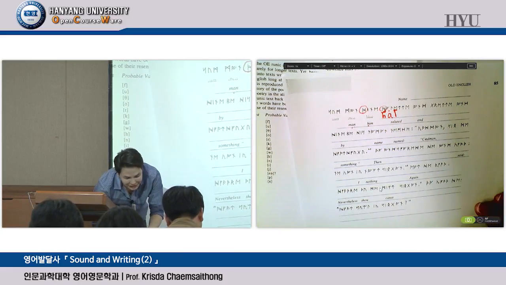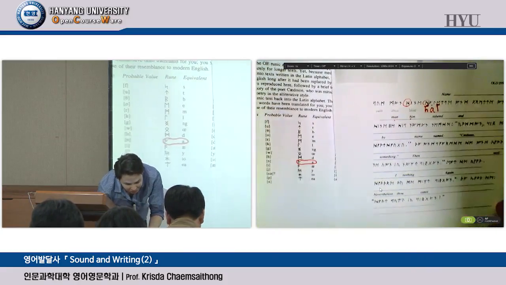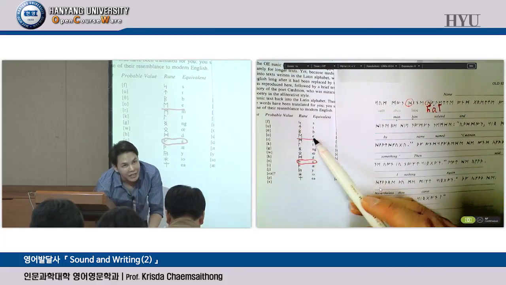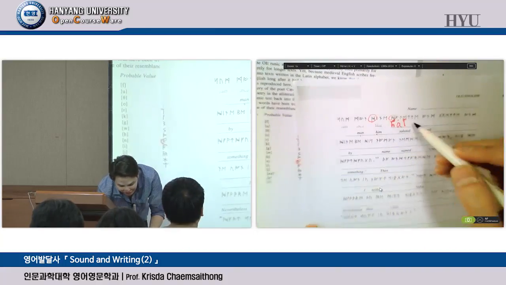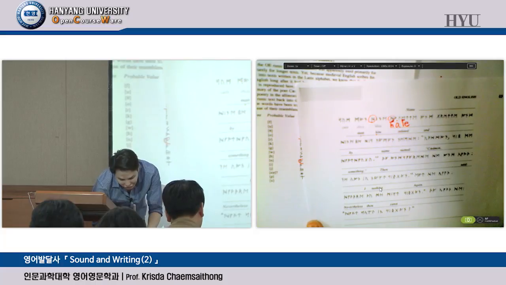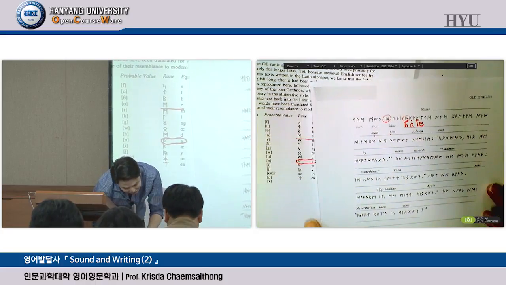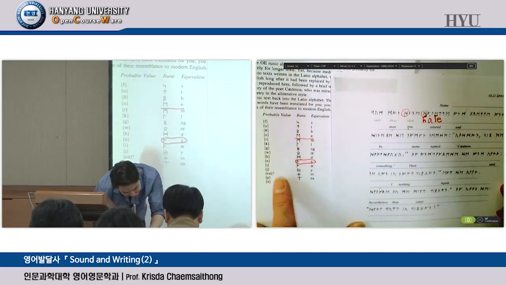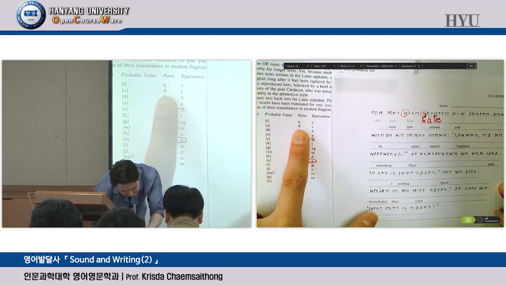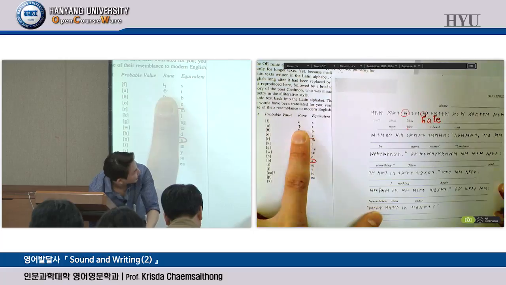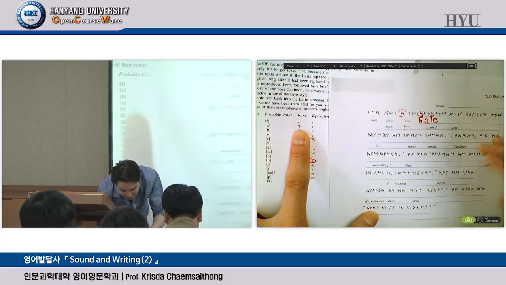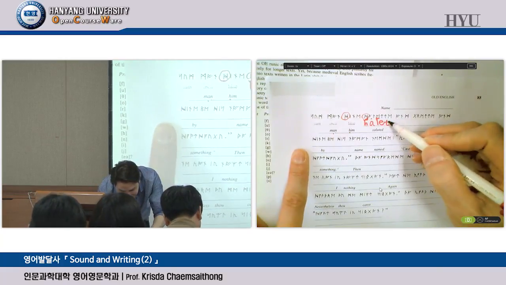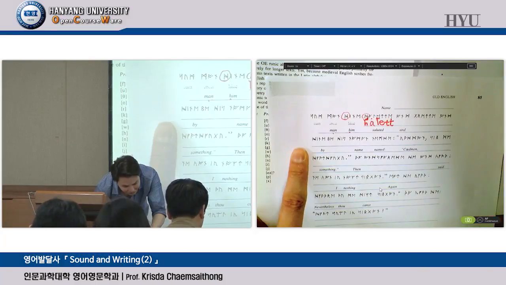M-like symbol. Like that. And then two arrows. So you just have to look for that one. What is that? Arrow. T, right? So T, double T, right? And M-like again.